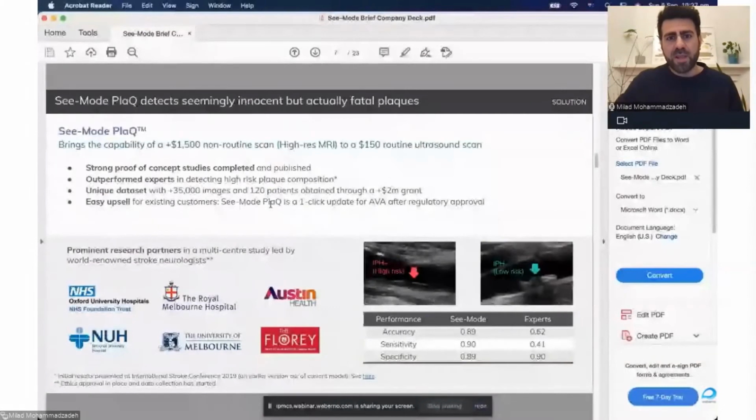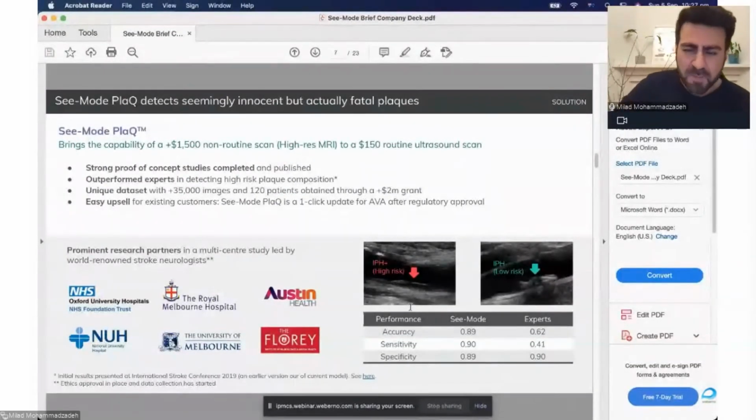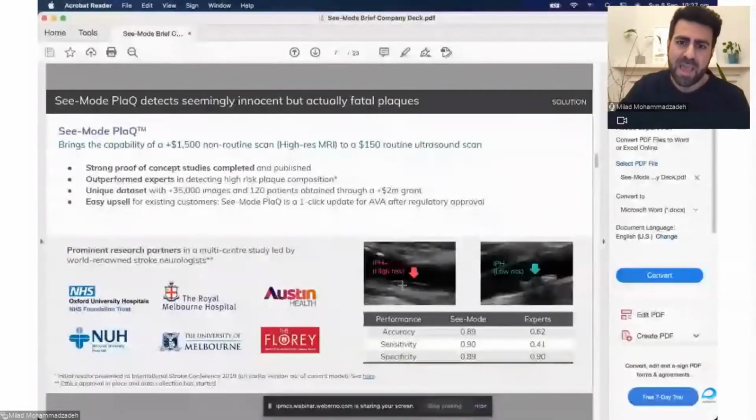With our future products like plaque and flow, what we're looking at is essentially detecting high-risk plaques or risk factors of a stroke, but based on the images. Here you're looking at a classification problem that we're solving in order to do that. On the left-hand side, you've got an image of a plaque that essentially has blood inside it.